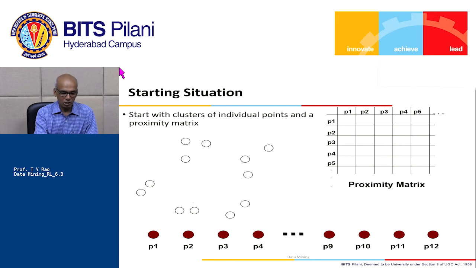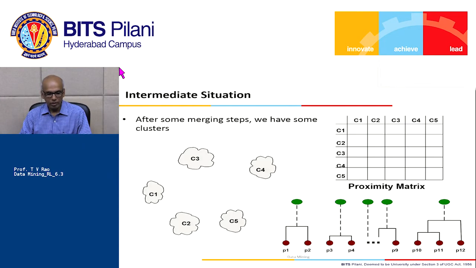There are some which are very close, and they are very distant from the other points. So when we do some mergers, we may reduce those 12 points into 5 clusters. At this point, we again calculate the proximity, so it is reduced to a 5 by 5 matrix.